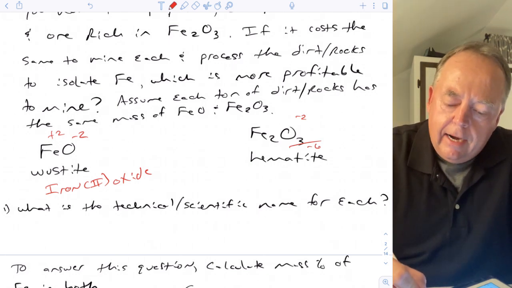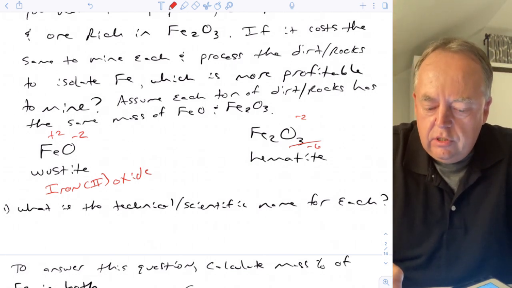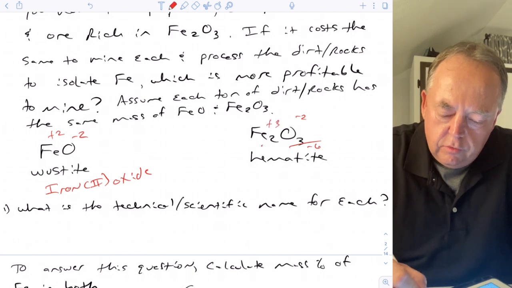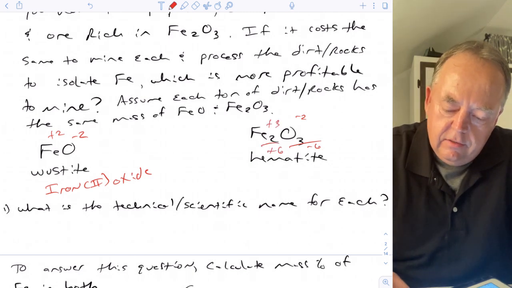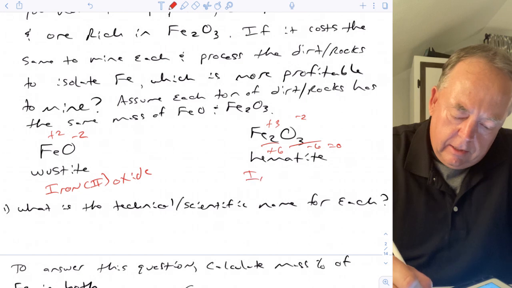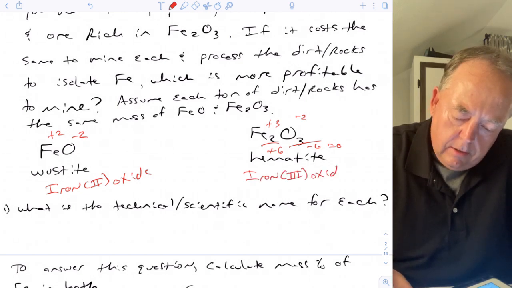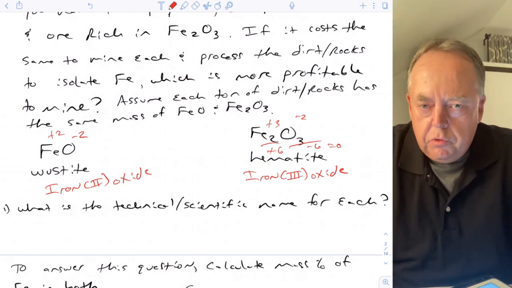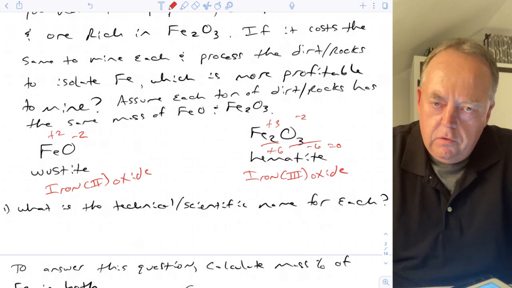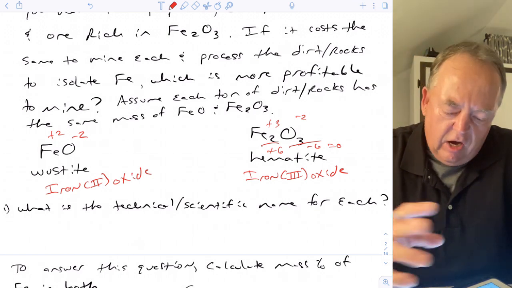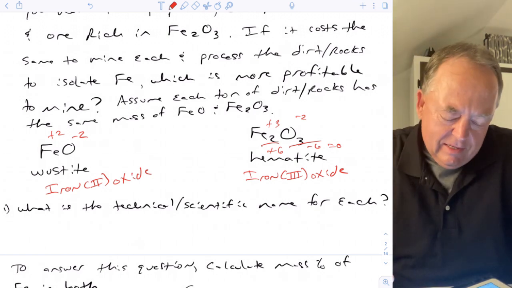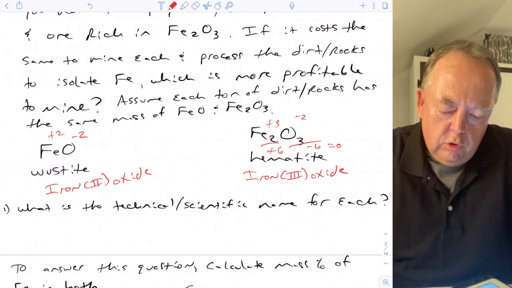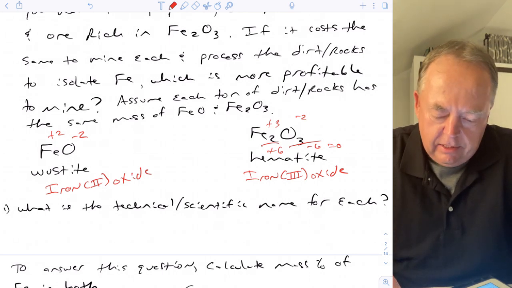And there's 2 irons to balance those 6 negatives to 0, so each iron must be +3 to give you 6 positives, right? So this would be iron(III) oxide. If you just tell somebody you need some iron oxide, nobody knows what you're talking about. Are you talking about FeO or Fe2O3, or there's actually other oxides of iron as well? So you have to have that Roman numeral in there so that a chemist or anybody knows what you're talking about.